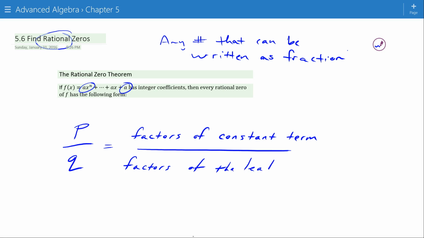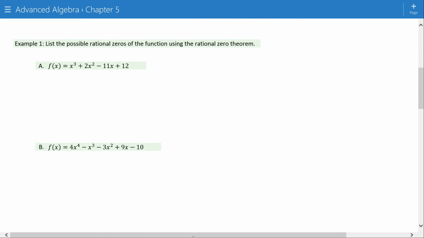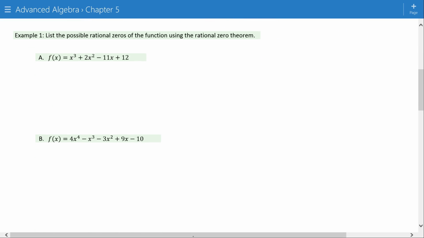So if I gave you guys a leading coefficient of, let's say, 4, the factors would be 2, 4, and also 1. So again, P over Q, constant term over coefficient. I don't know why we use P and Q, to be quite honest, but those are just kind of the ones that are common in math.